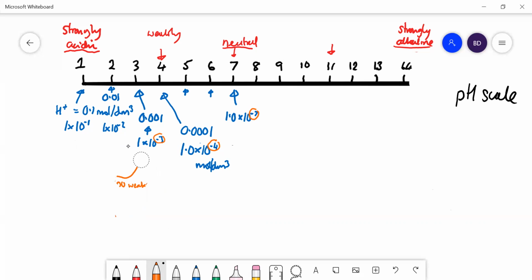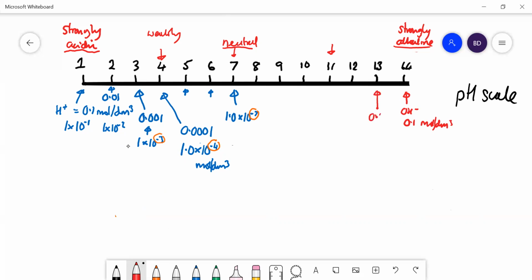But what about the OH minus ions? Well, you don't really need to know this, but of course, the higher the OH minus ion concentration, the more strongly alkaline it is. And at pH 14, well, that is OH minus ion concentration of 0.1 mole per decimeter cubed. And when you go to pH 13, right, that's 10 times weaker.